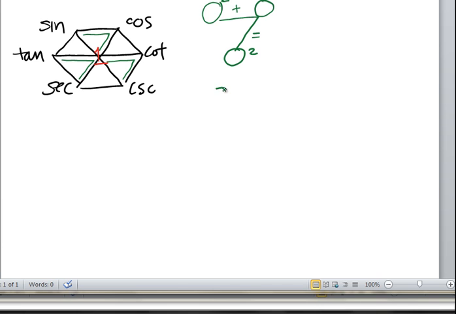Let me write that down. I have sine squared theta plus cosine squared theta equals 1 squared, which is 1. Similarly, we derived the other two Pythagorean identities earlier, but we can just look at this hexagon and follow this triangle here. Tangent squared theta plus 1 squared, which is 1, is secant squared theta.